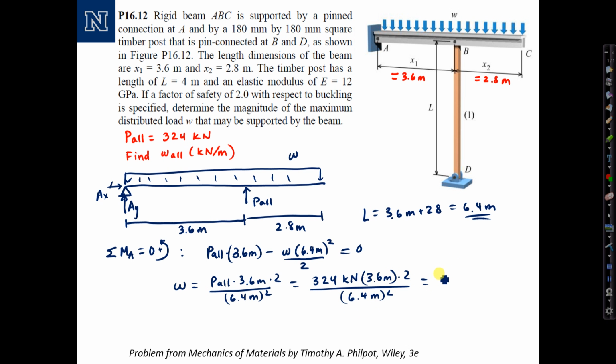That computes to 56.9, and the units are kilonewtons. This meter cancels this, we're left with kilonewtons over meters. So 56.9 kilonewtons per meter, which is the units we were looking for. So that's a good sanity check. And that concludes this example.